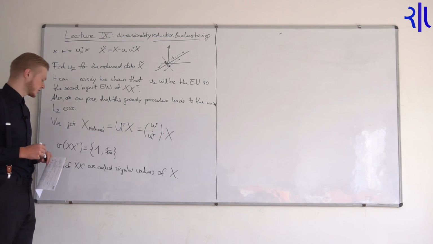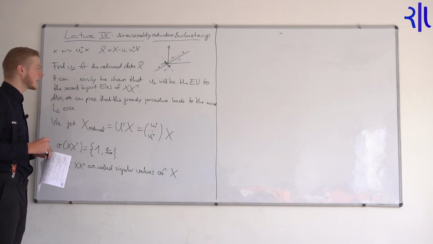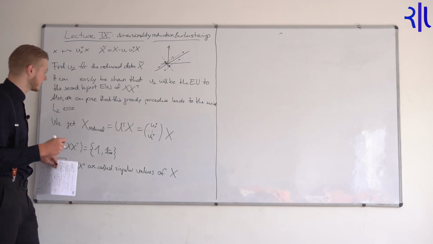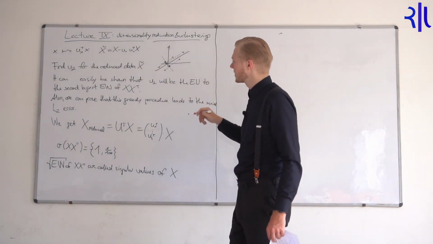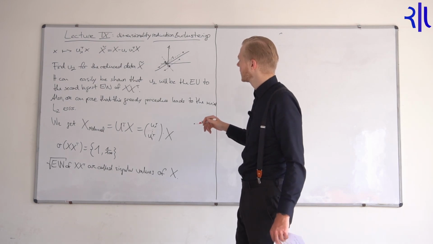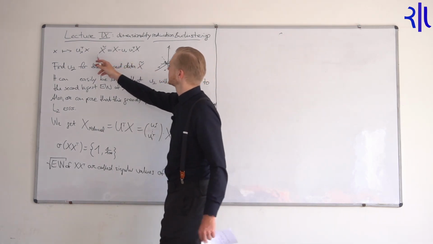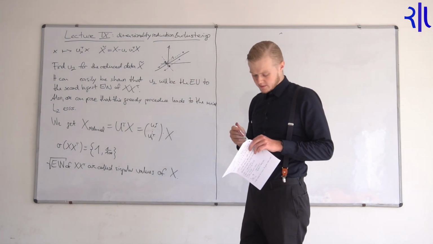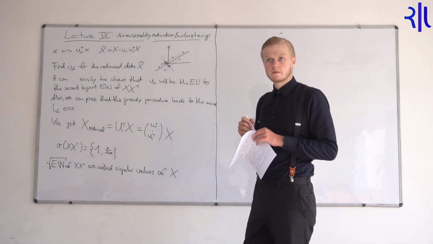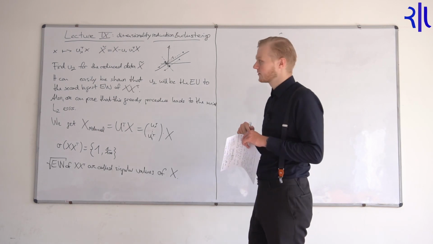And one can show that the remaining error, the error between the projection on the lower dimensional space and the original data, is the squared sum of the still missing eigenvalues.